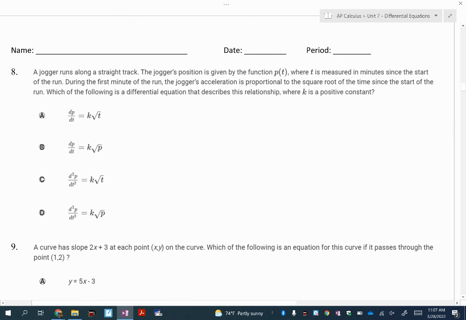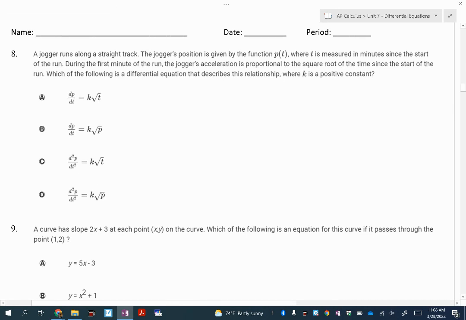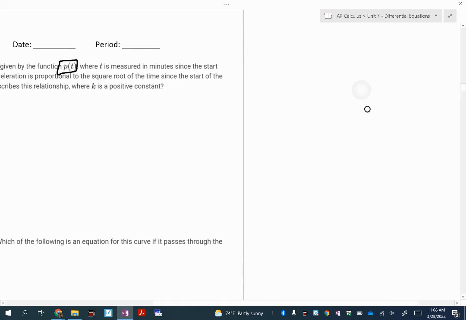All right, last one for this section, part 1. A jogger is running along a straight track. They give us the jogger's position function, P of t. And it says during the first minute of the run, the jogger's acceleration. Now, if you remember from many, many months ago, we have position, and then the first derivative is the velocity, and then the second derivative is the acceleration.